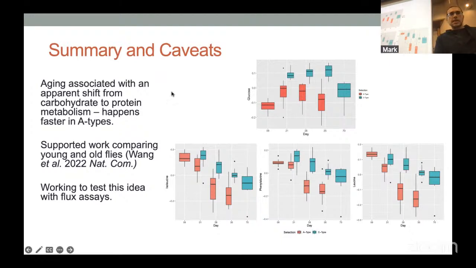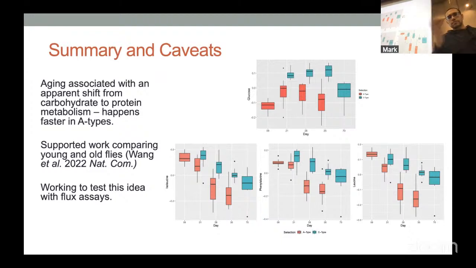So to test that, the next phase of at least this aspect of the project is to do what are called flux assays. We're focusing a lot on sugars and proteins, right? So either your sugar source or your amino acid source, in the case of glucose, you have tagged carbons in your glucose. You can buy that in small amounts.